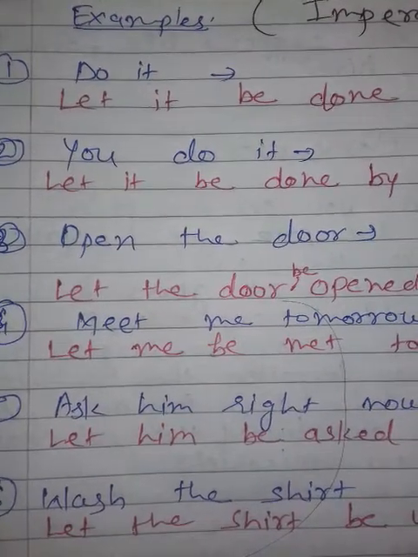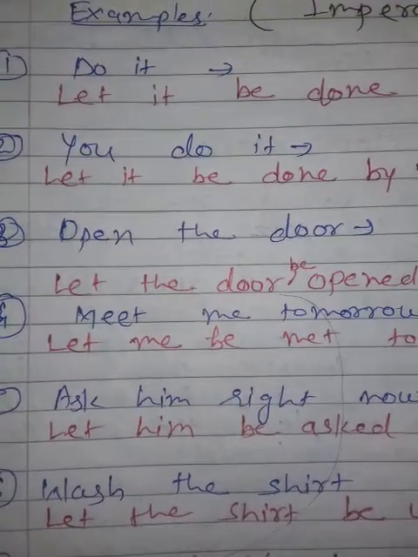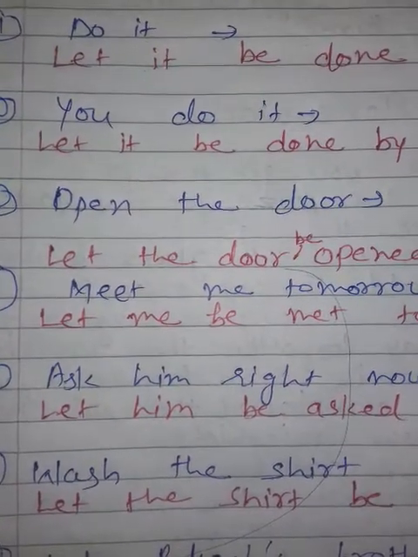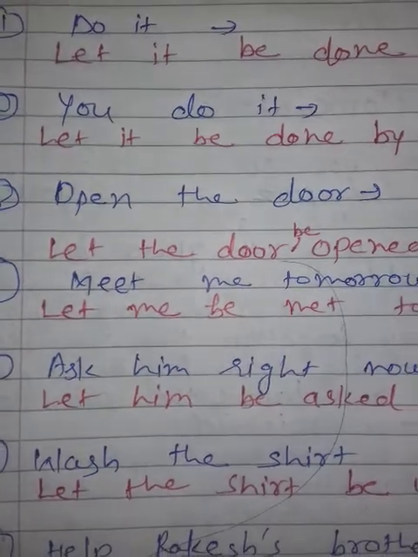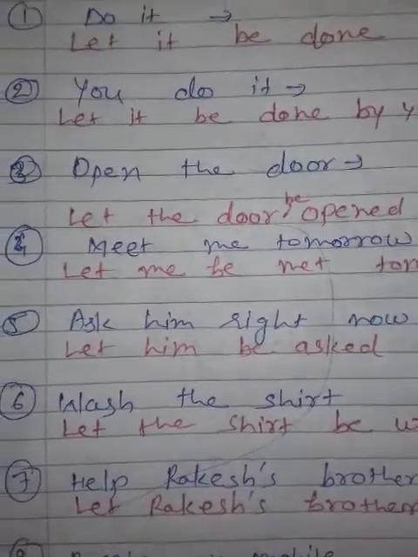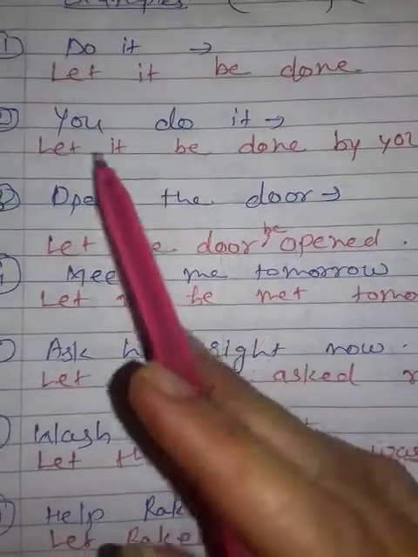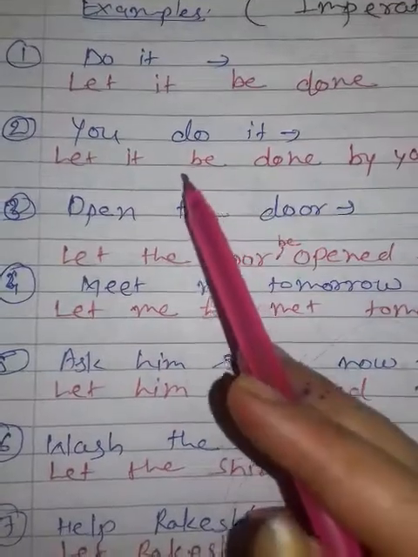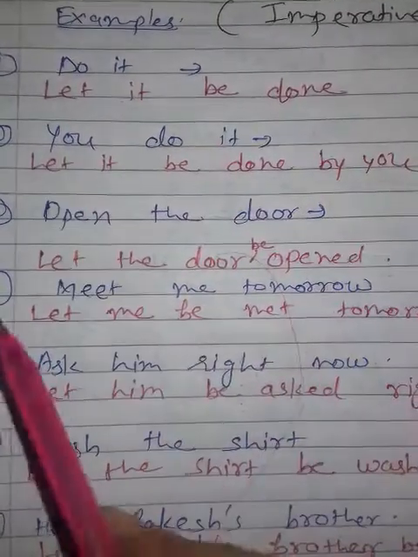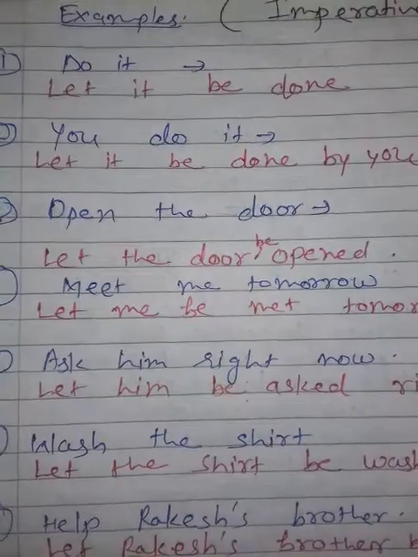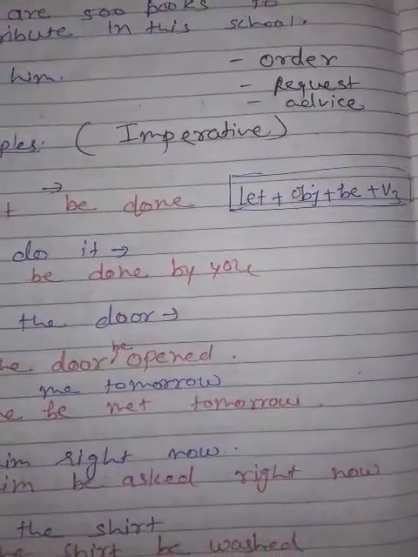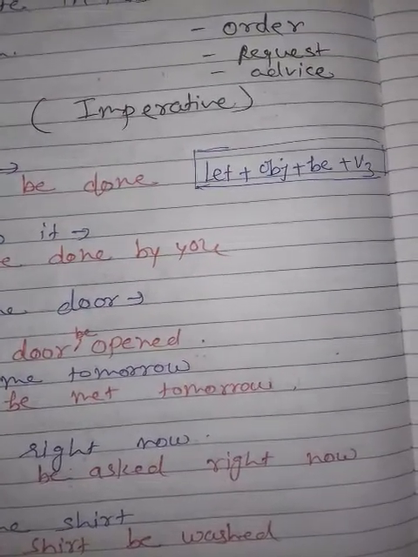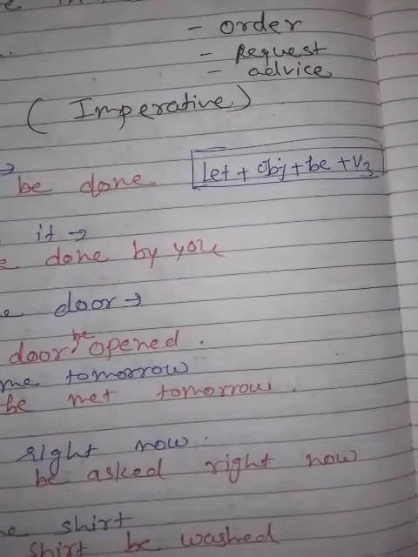Let it be done. It is so simple. In the second example, you do it. If you and any other subject is given, you change it like this: let it be done by you. So you can use this structure: let plus object plus be plus third form of verb.